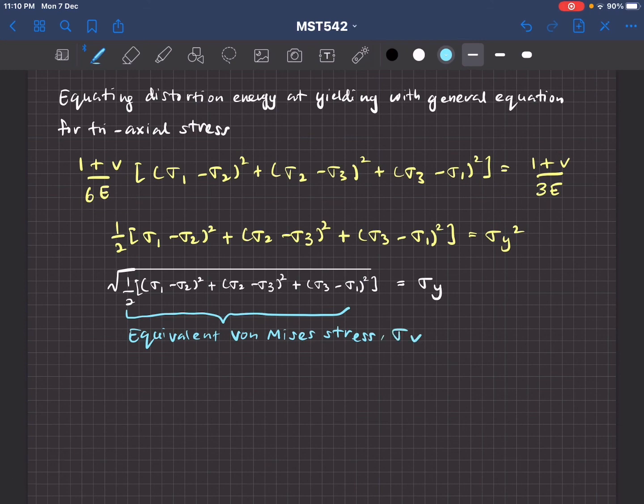We can see that this theory considers the differences between the principal stresses and is independent of hydrostatic stress. So the term on the left here is the equivalent von Mises stress. Before that, we can simplify this equation into this one.